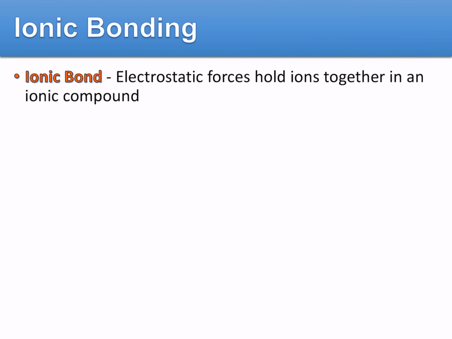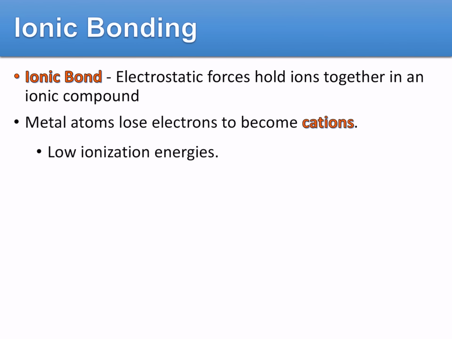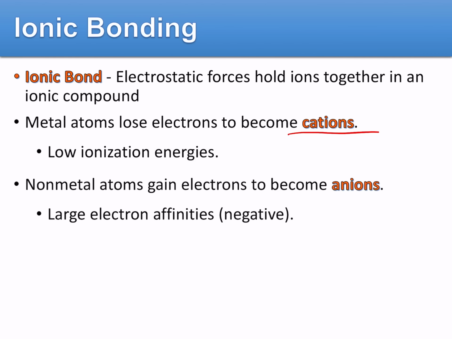So looking at the ionic bond, the way this bond forms is because you're forming ions. The cation is the element that is losing those electrons, and then you have the anions, the ones that are gaining those electrons. Once again, metals have low ionization energies, and non-metals have large electron affinities, and by large we mean really negative electron affinities, meaning high affinity for those electrons.